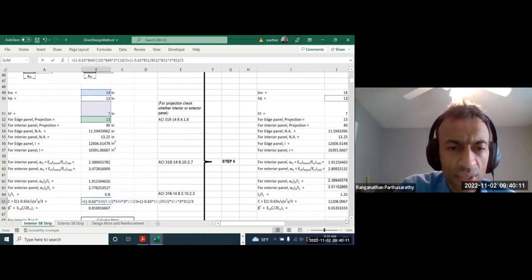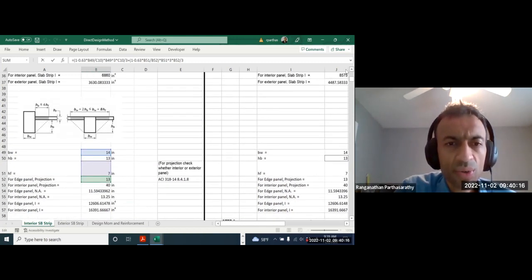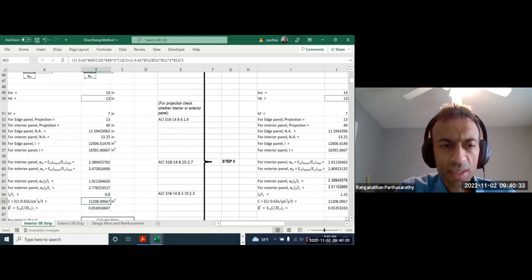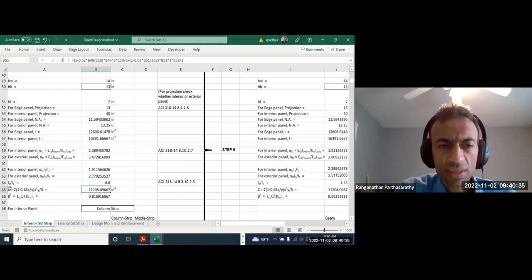We divide this T-beam effectively into boxes. You take only this flange, then you do XY for that, then only this, then you add up all of them. That is done automatically. Then this is the torsional stiffness C, and beta T is the ratio of torsional stiffness of the beam to the slab's flexural stiffness. That is also here.